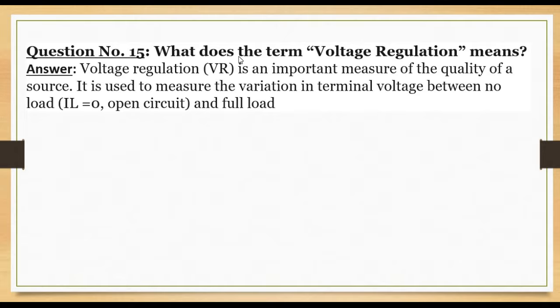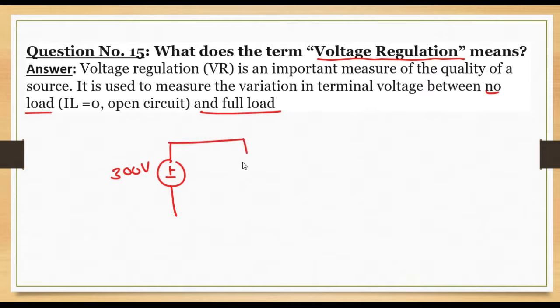Question number 15 is, what does the term voltage regulation mean? Voltage regulation is an important measure of the quality of a source. It is used to measure the variation in terminal voltage between no load and full load. Consider a circuit. This is 300 volts and it is given directly to a DC motor.